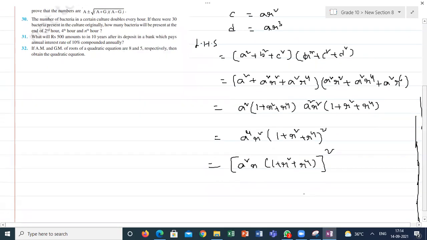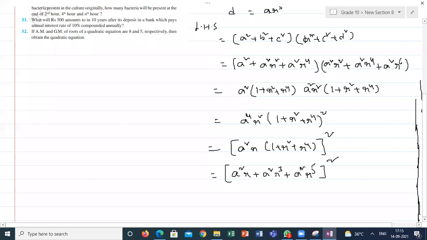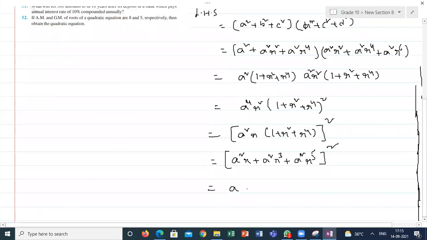If I am taking this one inside, what will I get? (A square R plus A square R cube plus A square R power 5) whole square. So this can be written as (A into AR plus AR into AR square plus AR square into AR cube) whole square.